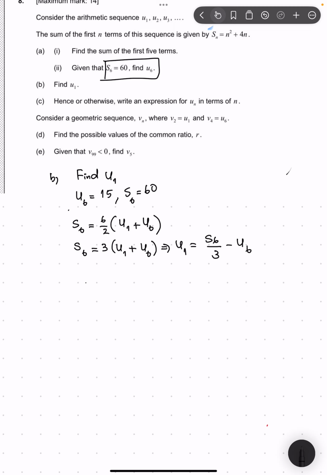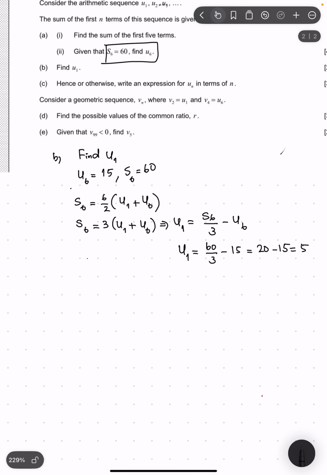So U1 equals 60 divided by 3 minus 15, which is 20 minus 15, and 5. U1 is 5.